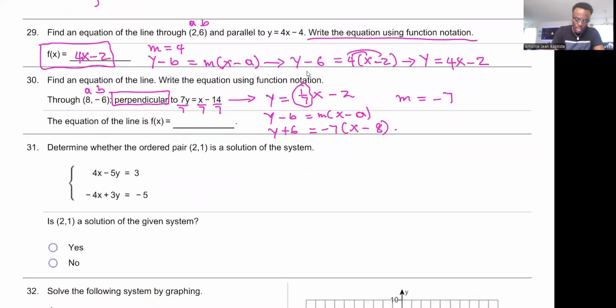And then distribute and subtract to get y equals negative 7x plus 56 and minus 6. 56 minus 6 is 50. And then they said write in function notation. So that's going to be f of x equals negative 7x plus 50.